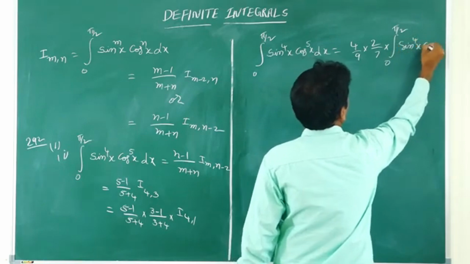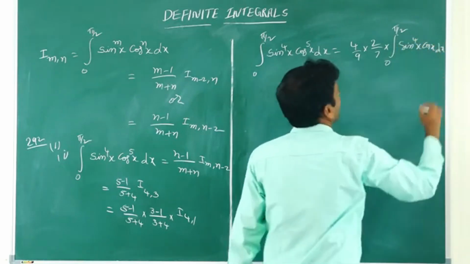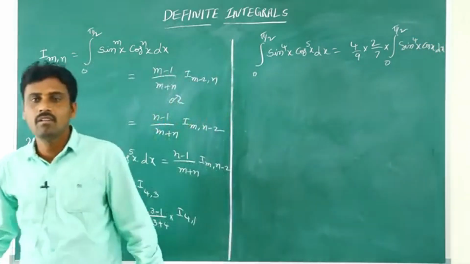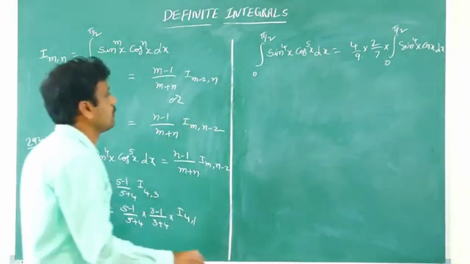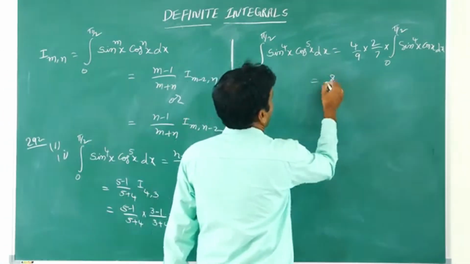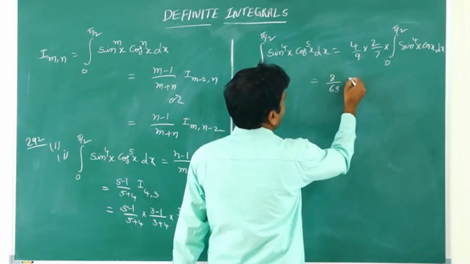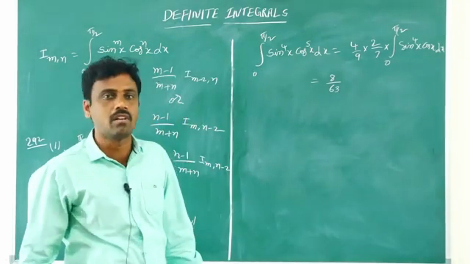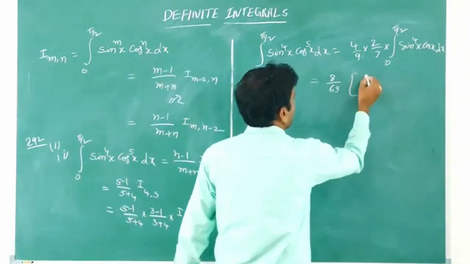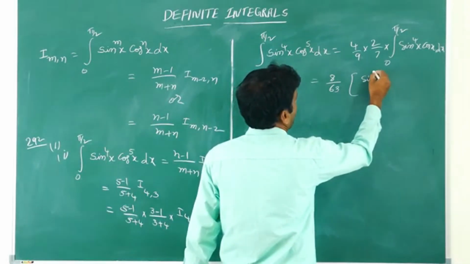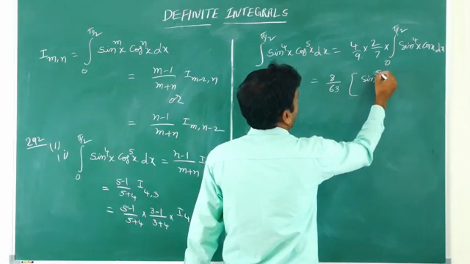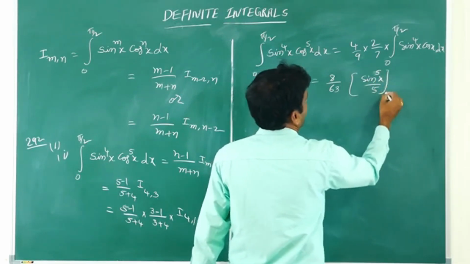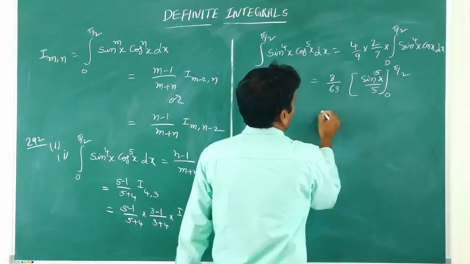cos x dx, that is 8/63 times the integral of f(x)^n f'(x), where f(x) is sin x and f'(x) is cos x, which gives f(x)^(n+1)/(n+1), from 0 to pi by 2.